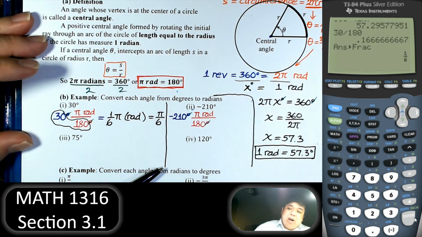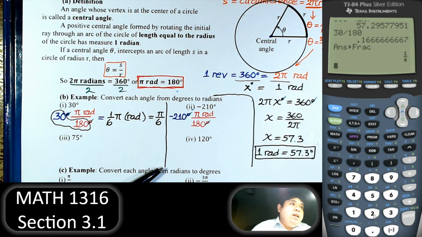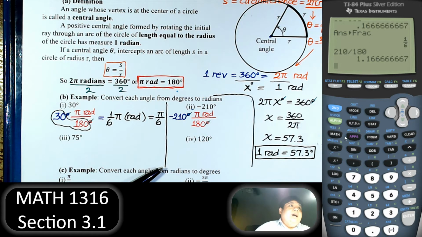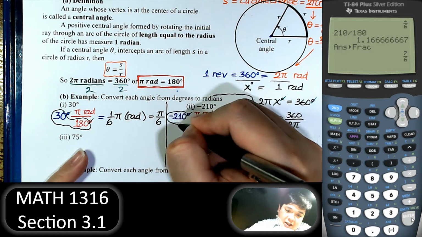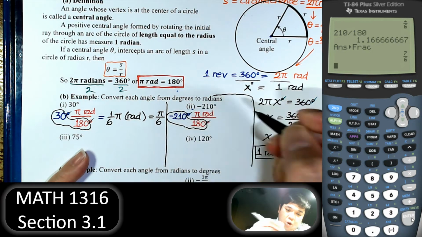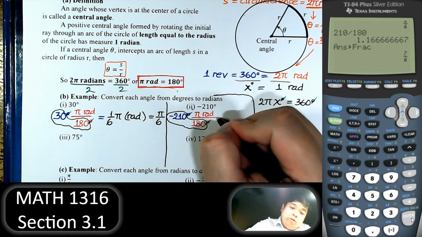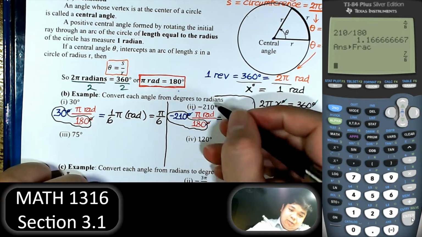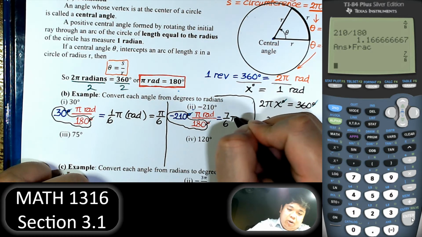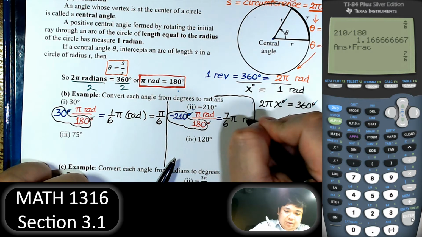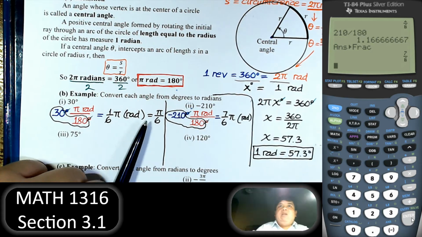Degrees cancel out. 210 over 180, and convert that to fraction. 7 over 6. So if you just do the math here, 210 over 180 is 7 over 6. And then we still have pi radian. So 7 pi over 6.